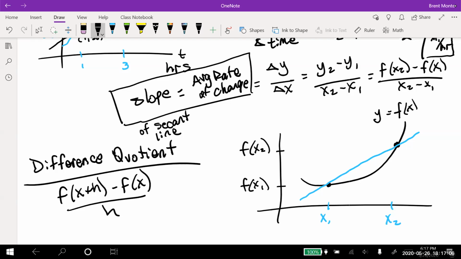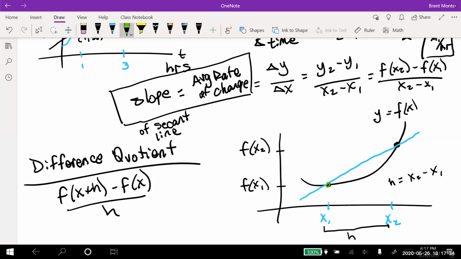They say, let's take these 2 points here, and we're going to call that distance h. So h is just that distance, x2 minus x1. We'll just put it there, but we see it in the picture. We know what it represents. Well, if I've got that, let's put this in green.